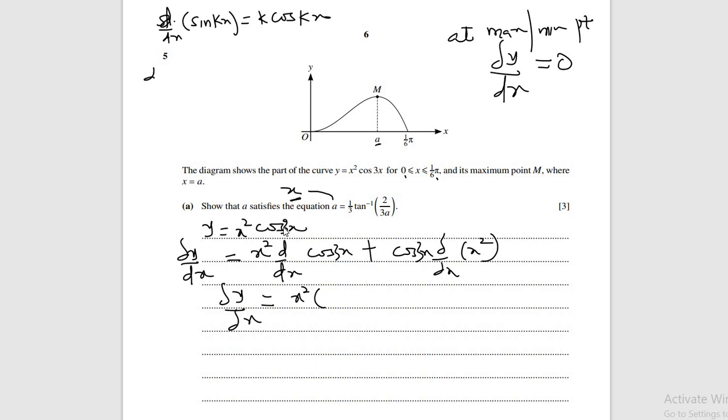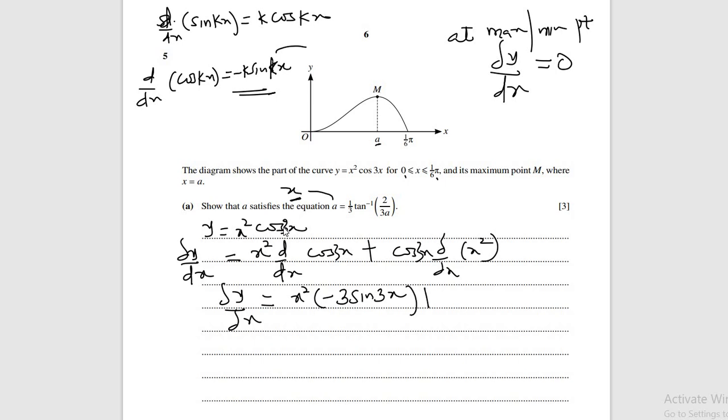And when you differentiate cos kx, it's going to give you minus k sin kx. That's it. So when you differentiate cos 3x, it's going to give you minus 3 sin 3x, where k can be any number, either a whole number or a fraction.